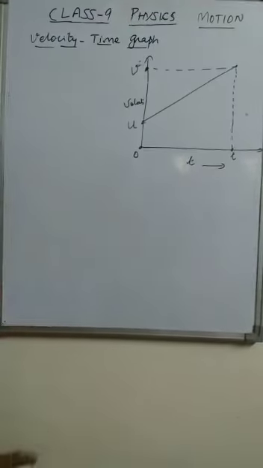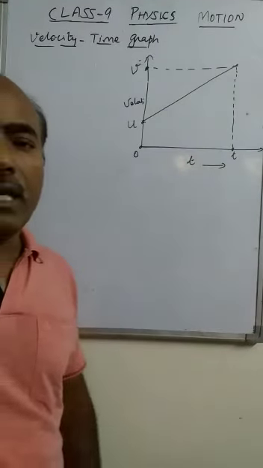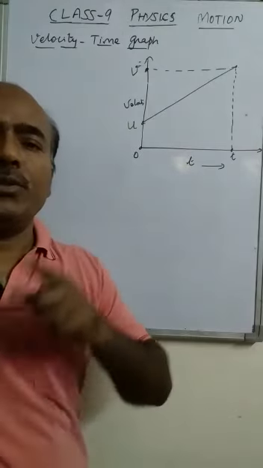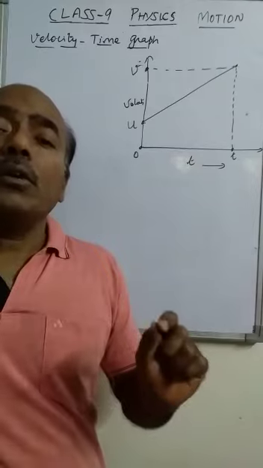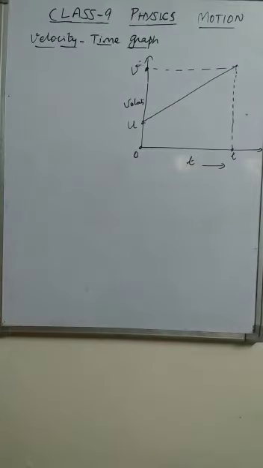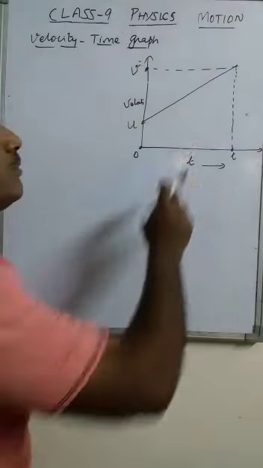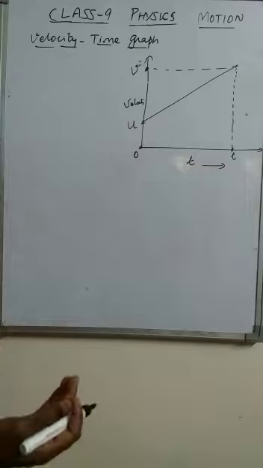Now from this velocity time graph, we are going to find the slope, just as in the distance time graph we found the slope. For that we can take 2 points on the graph anywhere.